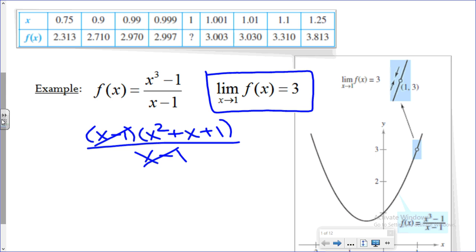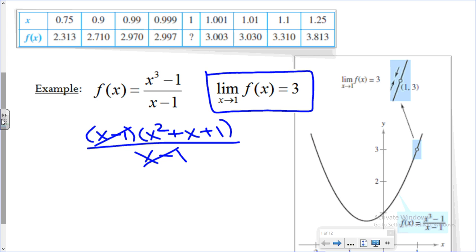As we come from both sides of 1, here I have a chart that starts at 0.75 on one side, 1.25 on the other. So if you read that chart, as we get closer and closer to 1, what is happening to those y values? They get closer and closer to 3.